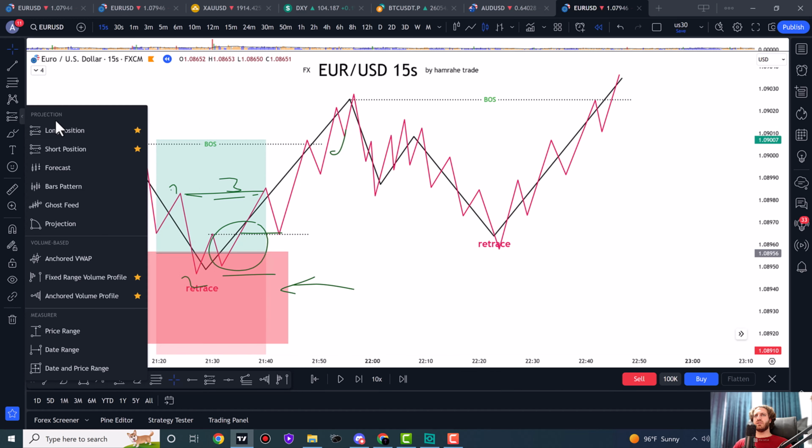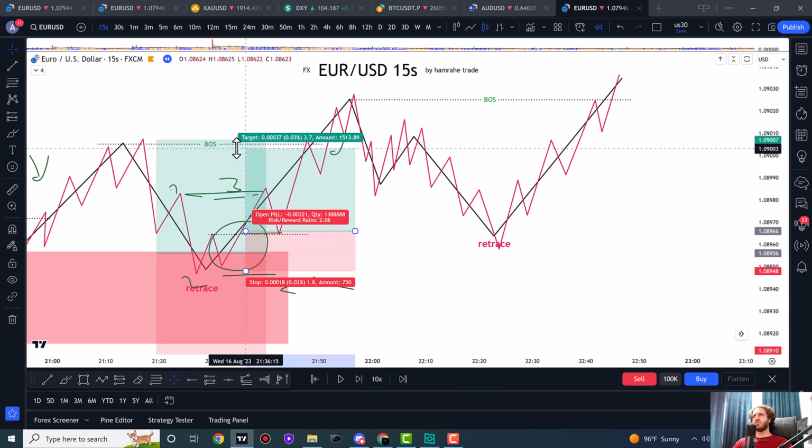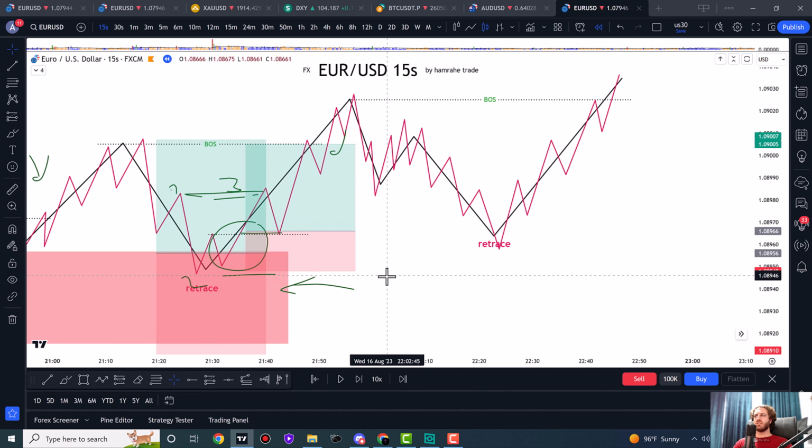That is our first target, but here we have a 1 to more than 2 reward to risk ratio as our target. So the multi-time frame analysis, or multi-time frame structural point of view, helps us with increasing our win rate, increasing our reward to risk ratio, and increasing our confidence.